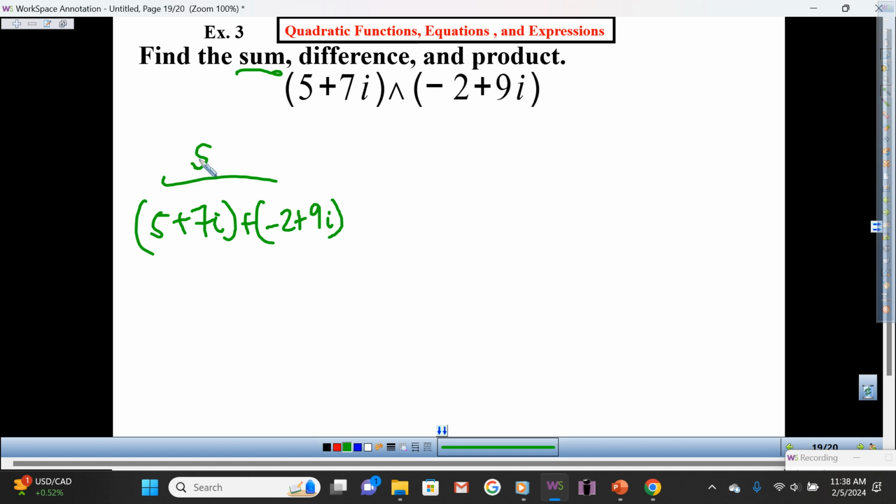For the sum: 3 plus 16i. Hands, have you got that? That is correct. So if you just combine 5 and negative 2, that's 3. 7 plus 9 is 16i. Remember, the i always goes at the end for complex numbers. Difference.